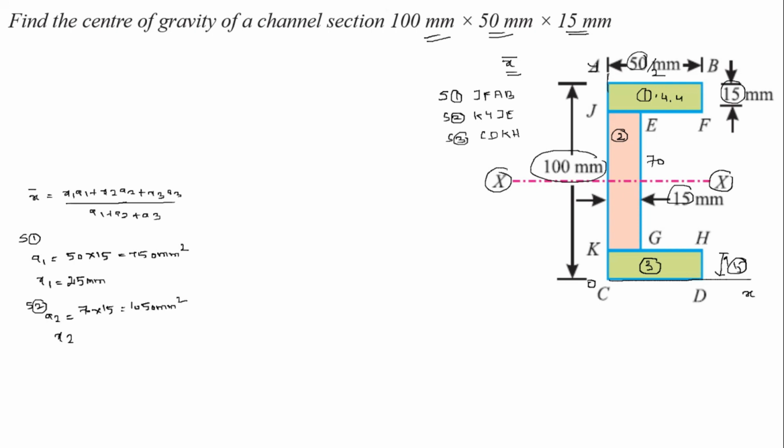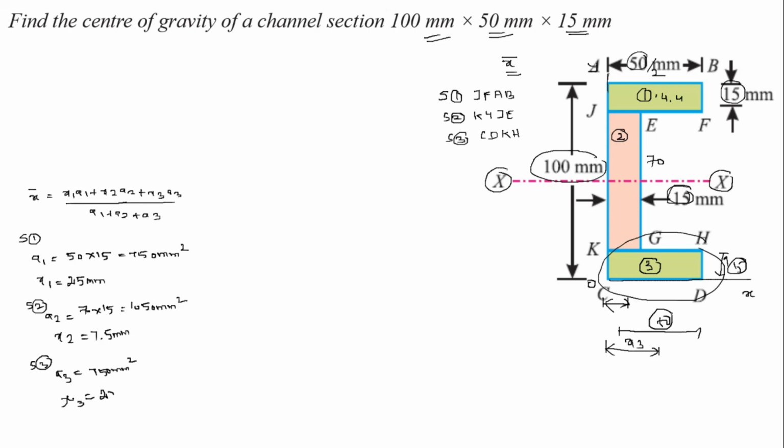And x2 is the distance of the CG, which is 15 divided by 2, 7.5 mm. Similarly, section 3 is 50 by 15, similar to A1. So A3 is equal to 750 mm squared, and x3 is 50 divided by 2, which is 25 mm.